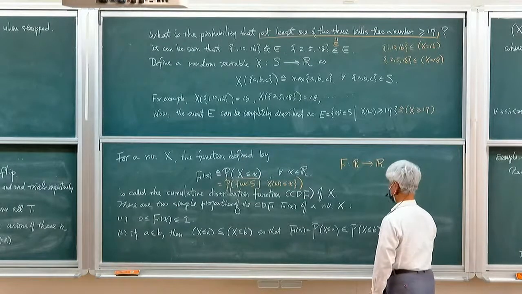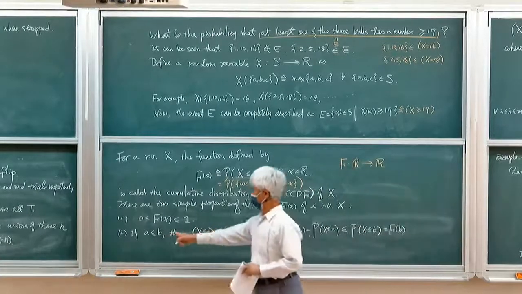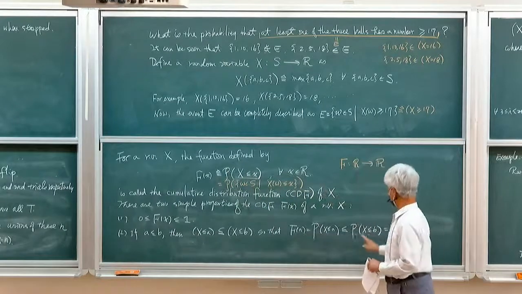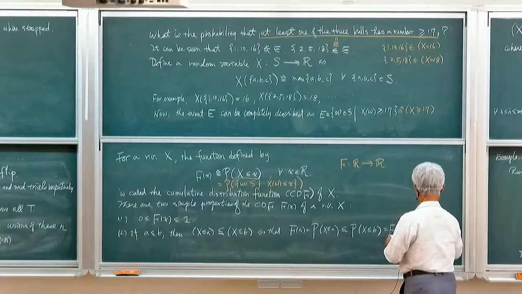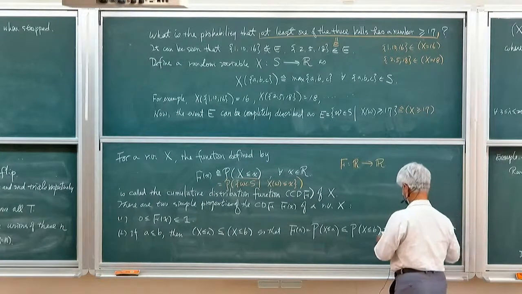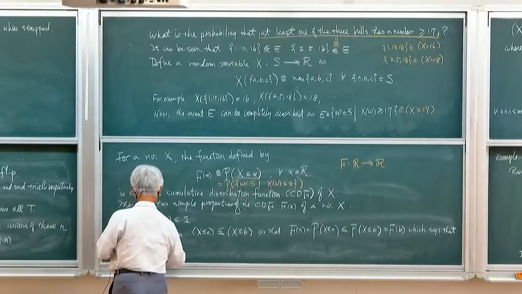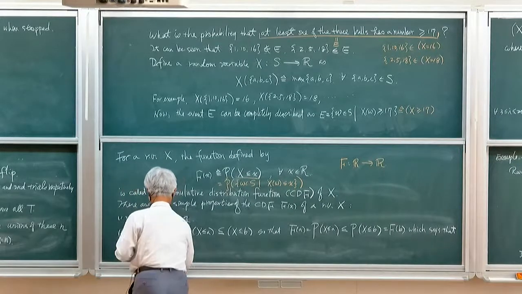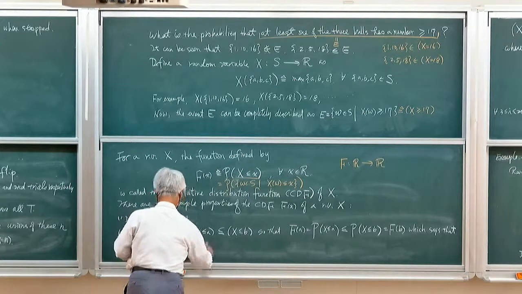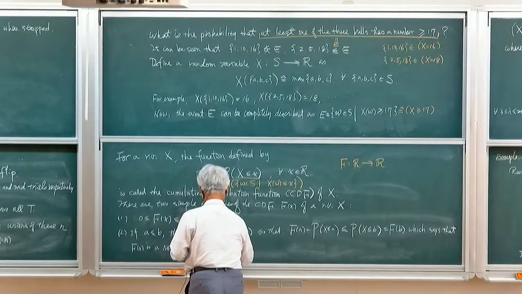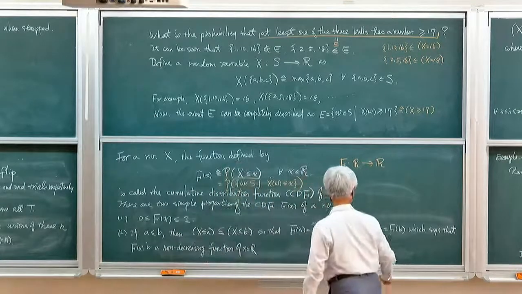And this is F of b. So if a is less than b, then F of a is less than or equal to F of b, which says that the CDF is a non-decreasing function of x in R.